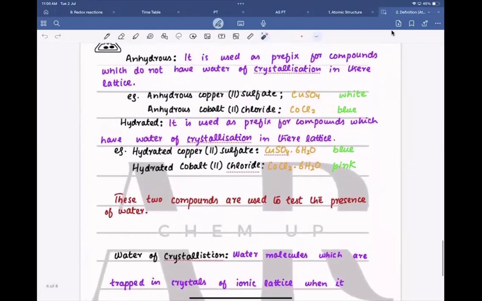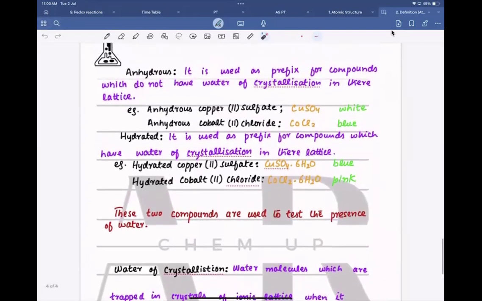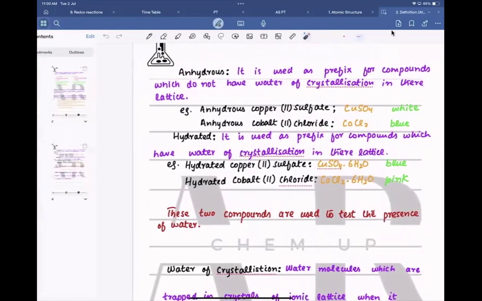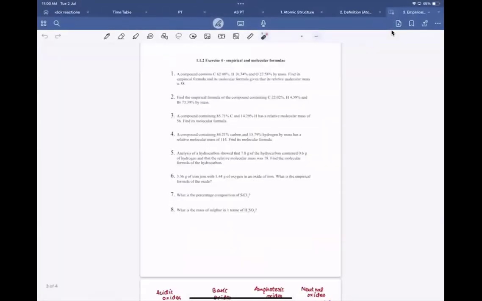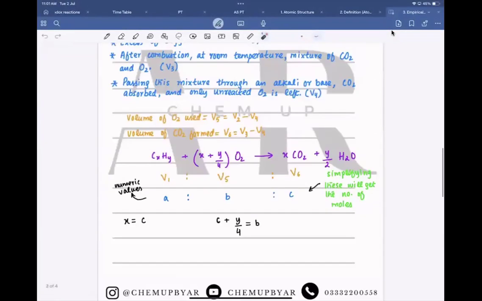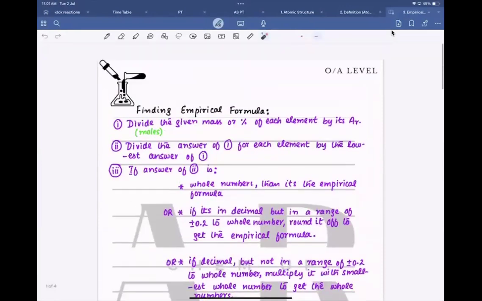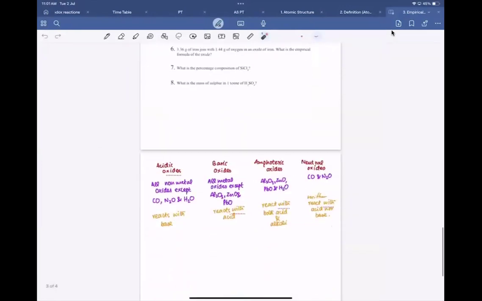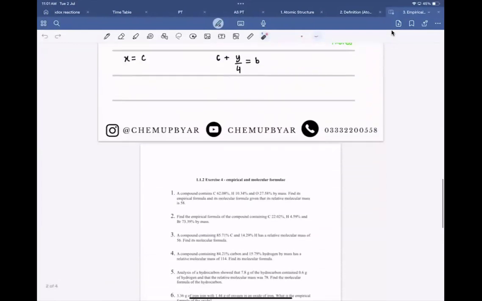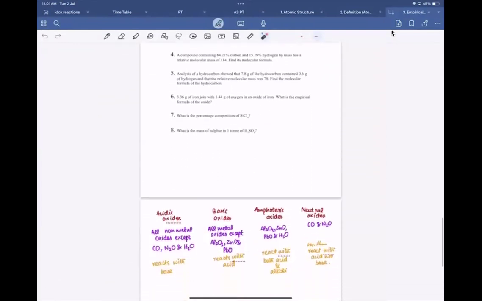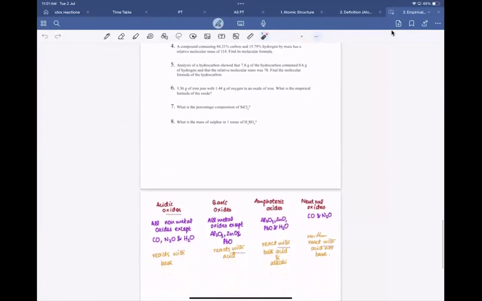Okay, so here we are done with the definitions. Please go through this before the next class, which we will have tomorrow, inshallah. I want one more thing for you to do. I'm sharing this file with you. Do you remember how to calculate the empirical and molecular formula from O levels?